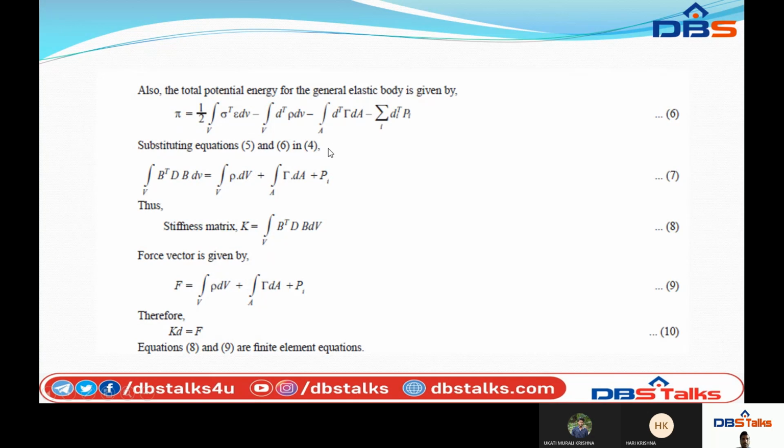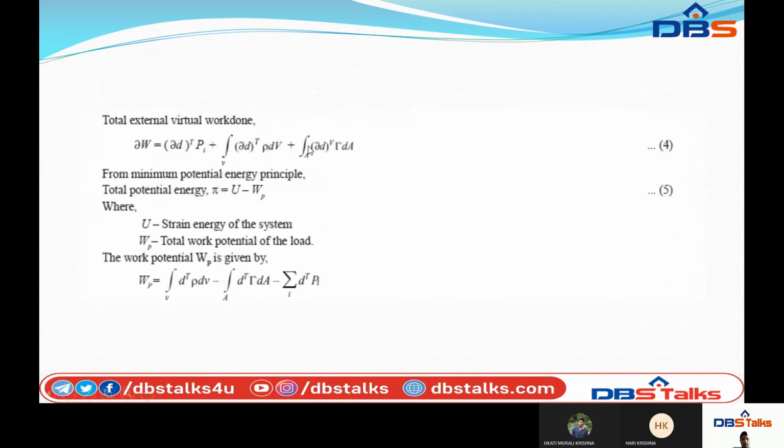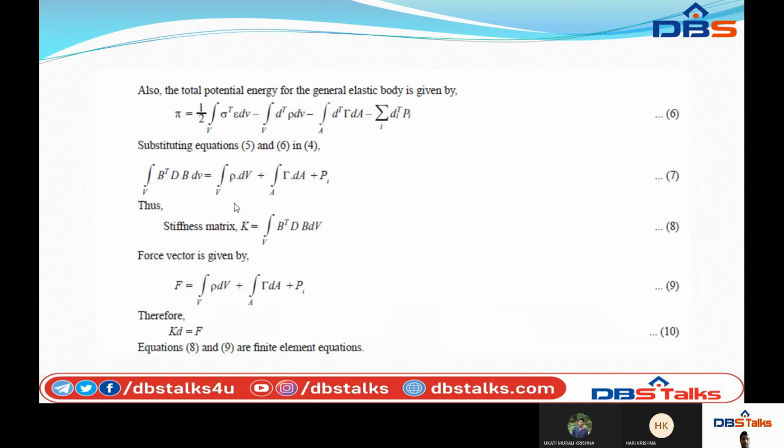Then substituting equations 5 and 6 in 4, we get, with respect to volume, the integral of Bᵀ D B d dV, where d is the displacement vector and B is the strain displacement matrix, equal to the integral over V of P dV plus, with respect to area, T dA, the traction load, and the body load, summed with point loads.